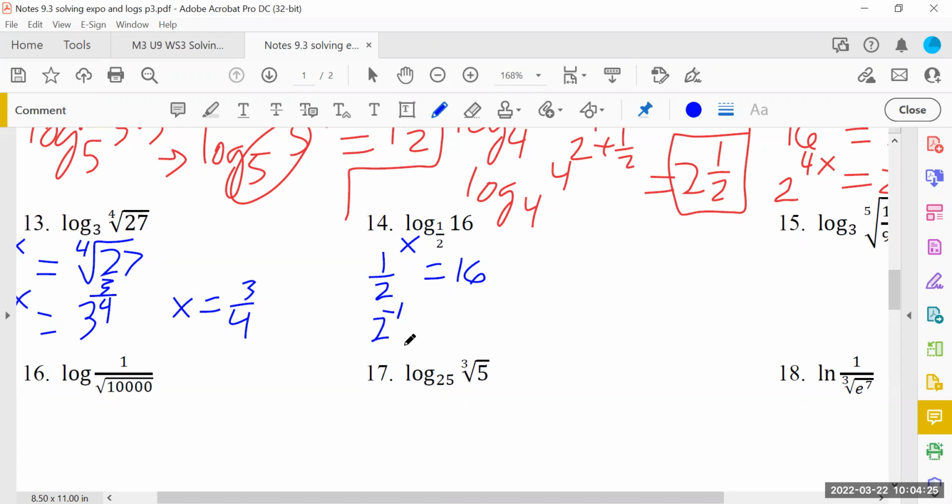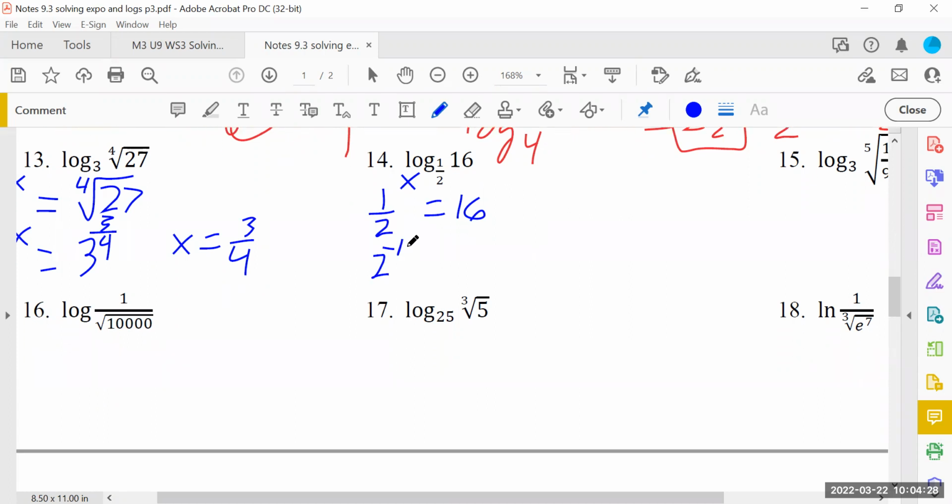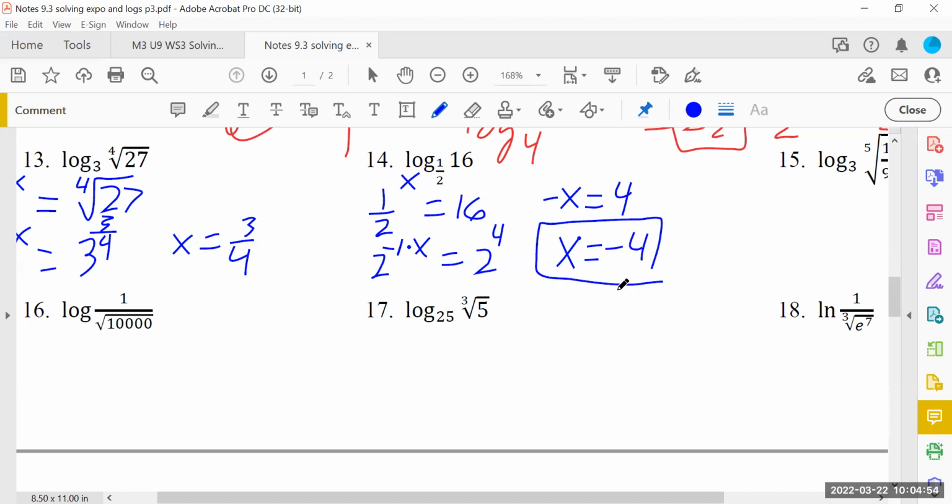The x is then multiplied by that: 2 to the -1 times x. 16 is 2 to the 4th power. So really, I get -x equals 4. So class, what's x then? -4. You can think of that as dividing both sides by -1, or just saying if I know what -x is, x is the opposite of that. So x is -4.